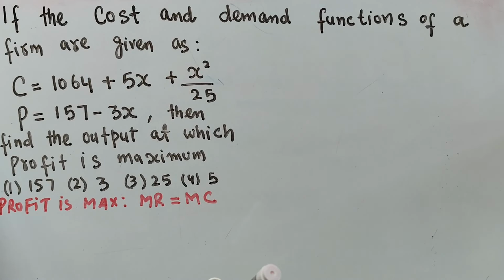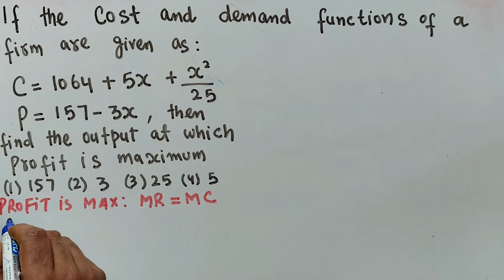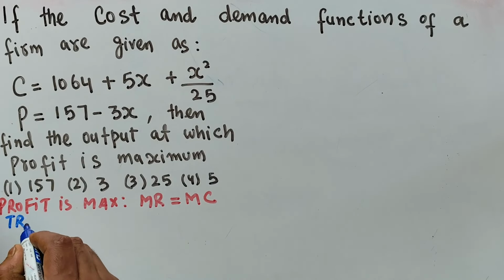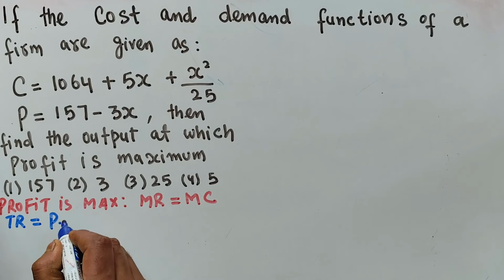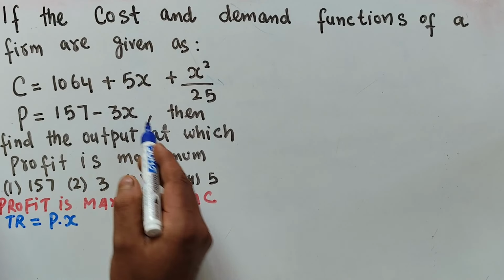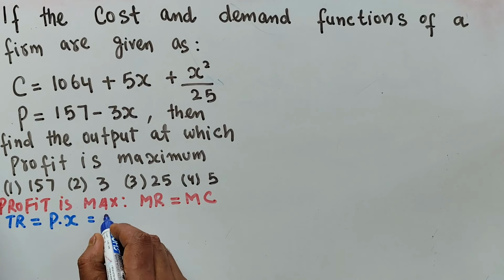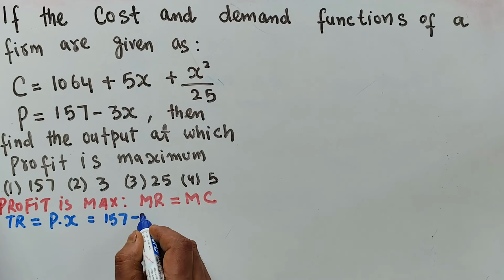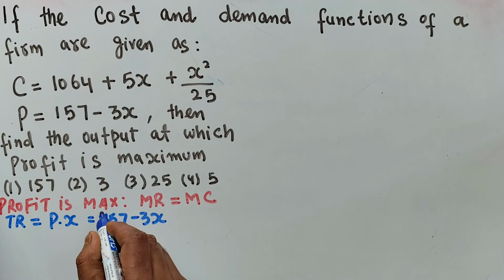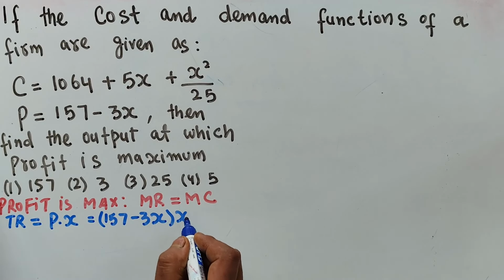So first we need to find out the total revenue. We know that total revenue is equal to price into output. What is the price function? That is being given as 157 minus 3x. To this we multiply by x to find out the total revenue, then we can find out the marginal revenue.